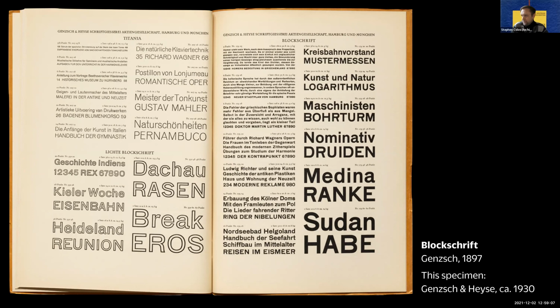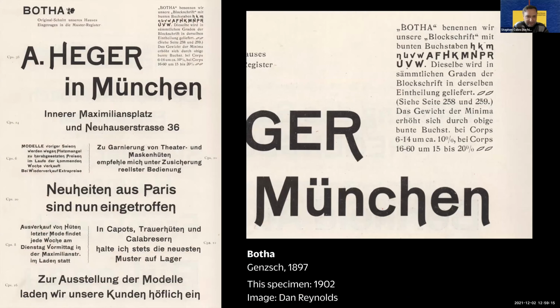It also came in what's called a Licht, or an open face style, there on the left. It also came in a swash variation called Bota. You can see all of those alternates there in the zoomed image on the right.